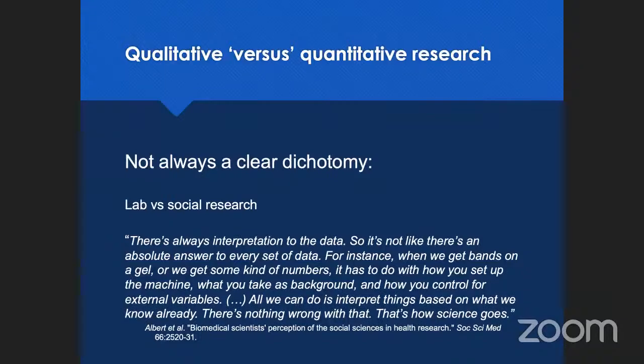So it is not like there is an absolute answer to every set of data, such as when we get a band on a gel or even some kind of number. It has to do with how you set up the machines and the control of the external variables. So all we can do in this example is interpret things based on what we already know. There is nothing wrong with that, this is how science works.